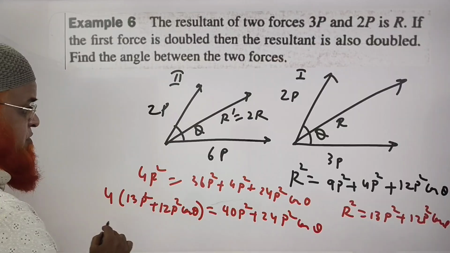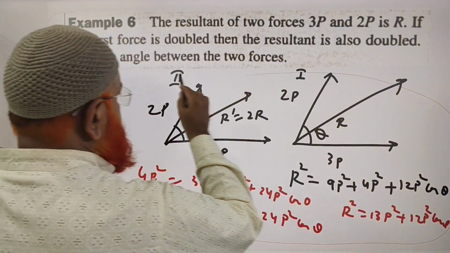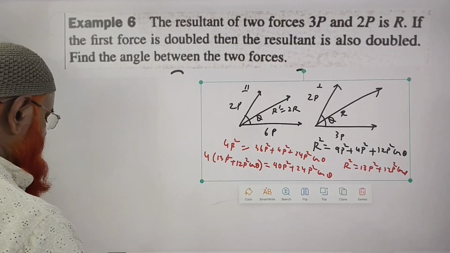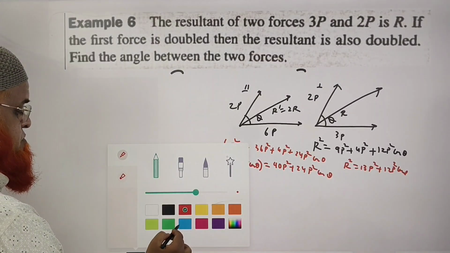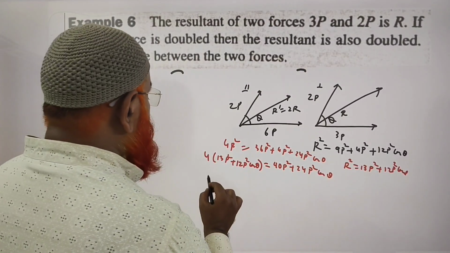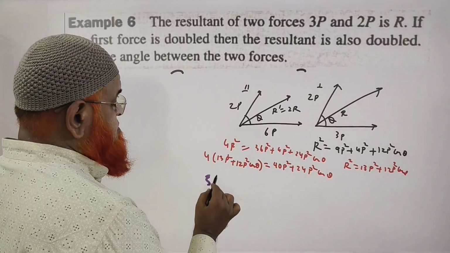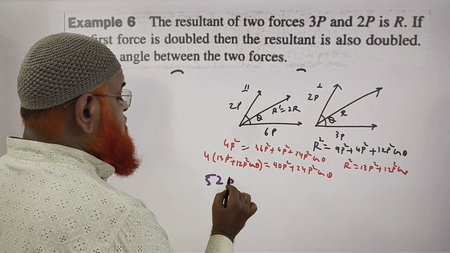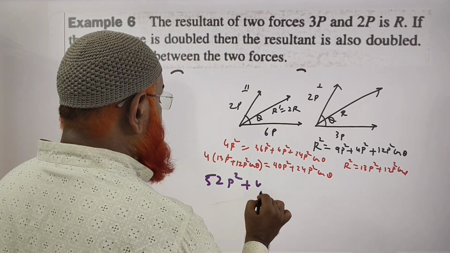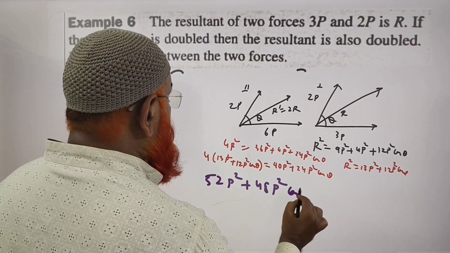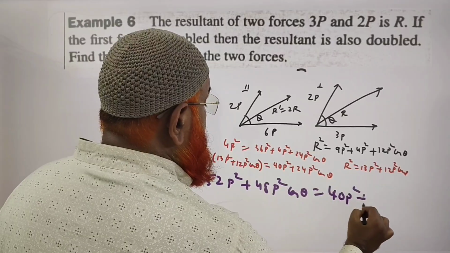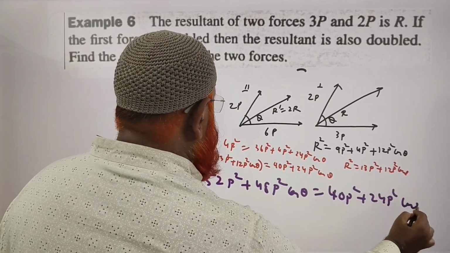Now you just have to simplify this. 13 4s are 52P square, plus 48P square cos theta equals 40P square plus 24P square cos theta.